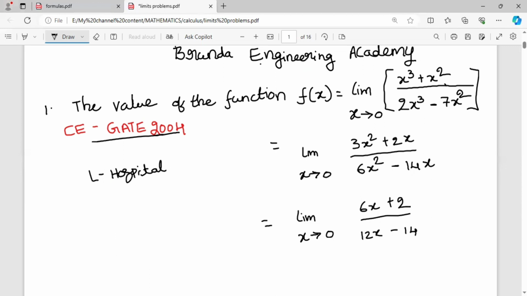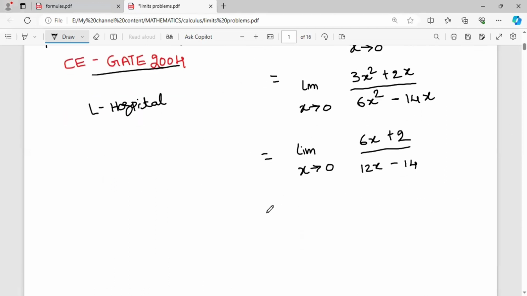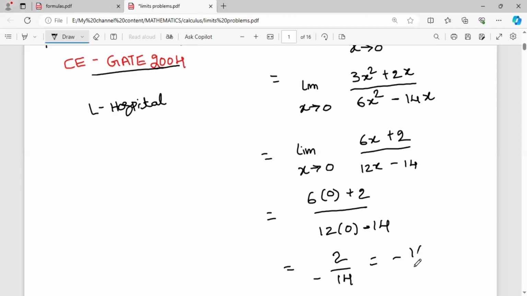Now you can substitute the value: limit x tends to 0 gives 6 into 0 plus 2 by 12 into 0 minus 14. So this becomes 2 by minus 14, and by simplification we get minus 1 by 7.